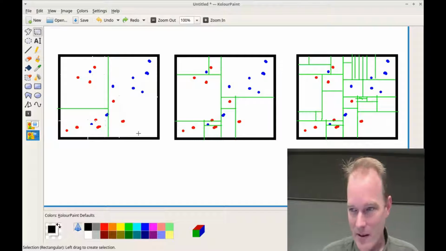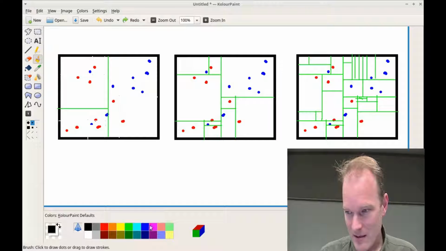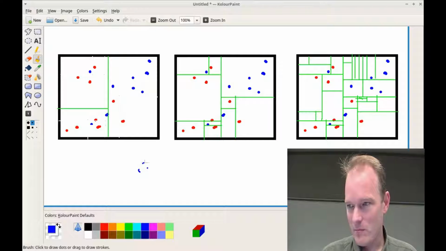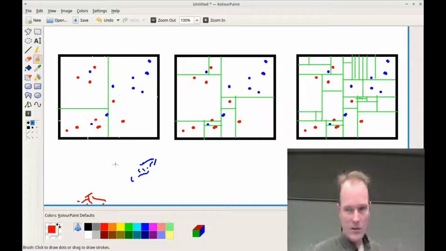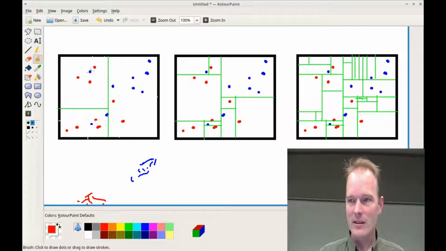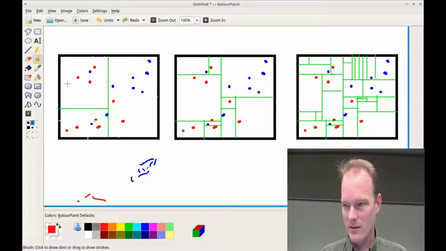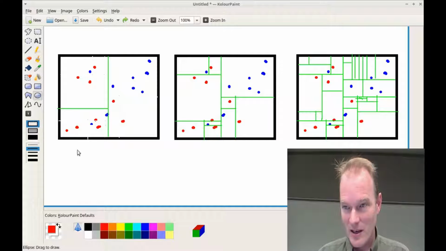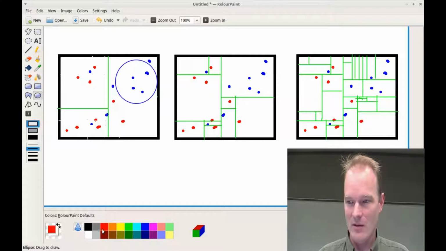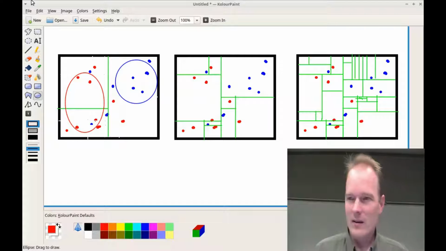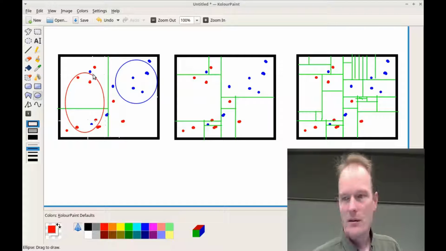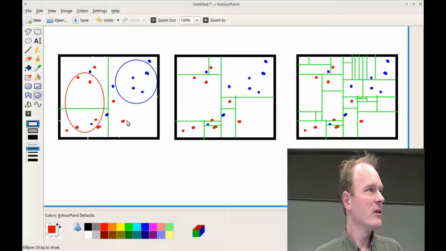Could it be that the reality is there are blue points over here and red points down here, and that's the universe that's generating the data, and the reason there happens to be this spurious blue point, even outside of the box. What I mean is, imagine that blue is really centered around here, and red is really centered around here, and we want to say, why is there a blue point over here? And why is there a red point over here?